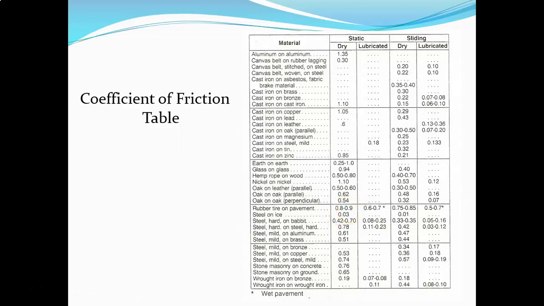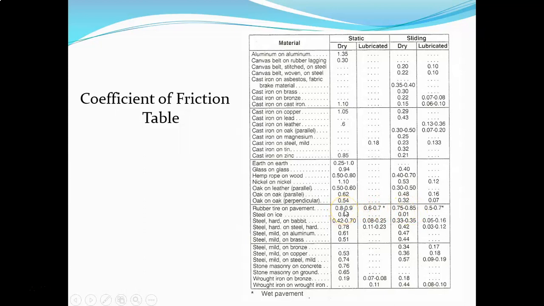So let's look at that same dry application when it's sliding. When your tires are skidding or sliding on the pavement, come over to the fourth column, which would be the sliding dry. You've got 0.75 to 0.85. Well, that's slightly lower than your static friction.